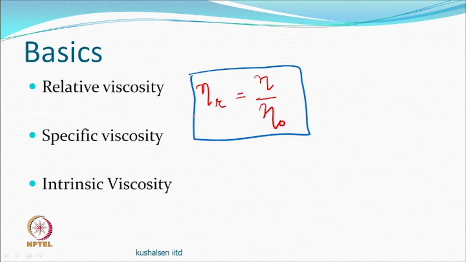So, you measure the viscosity of one and the other. So, eta 0 is the solvent, and eta is your actual measured value. So, this term is defined as relative viscosity, which is sometimes used more often than the actual values, right.